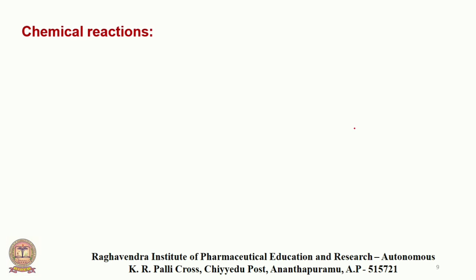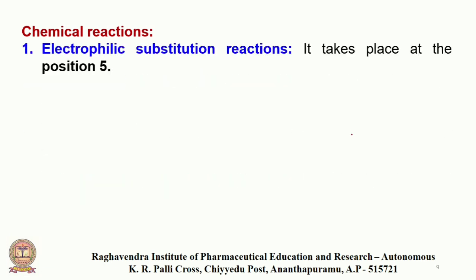So coming to the different chemical reactions, first we can see the electrophilic substitution reactions. In the case of quinoline, we observed that electrophilic substitution takes place at the 5th and 8th positions. But in the case of isoquinoline, electrophilic substitution mostly takes place at the 5th position only.